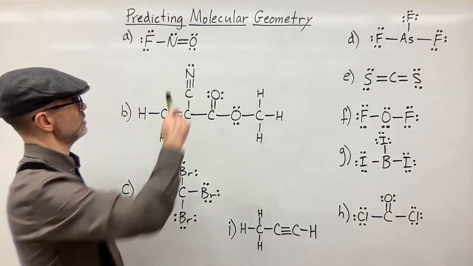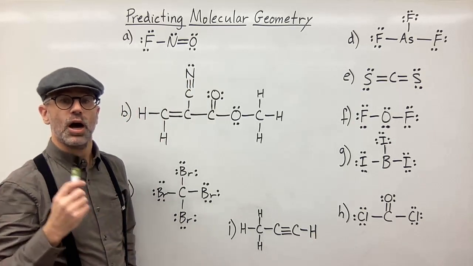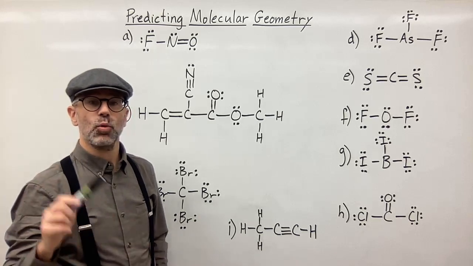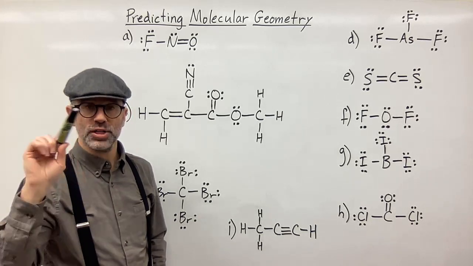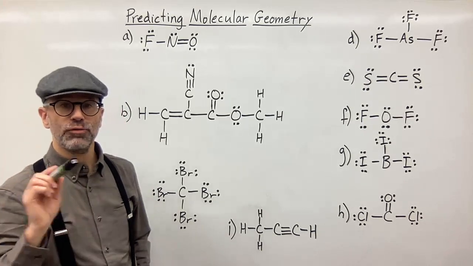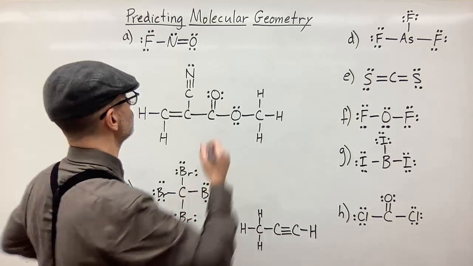So for this molecule, nitrogen has three total groups of electrons. When you look at your chart for a central atom that has three total groups, you will find the electron group geometry is trigonal planar.